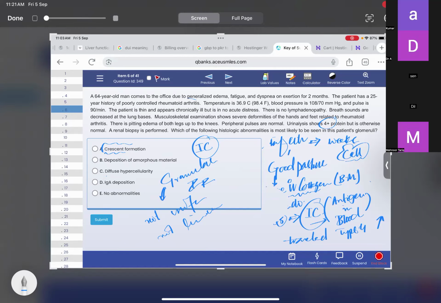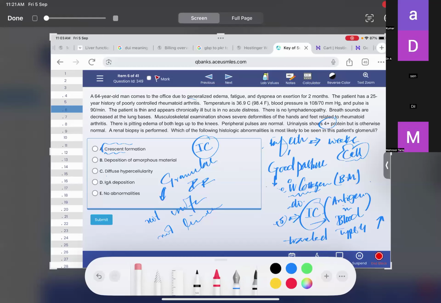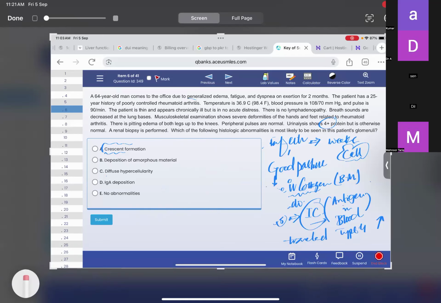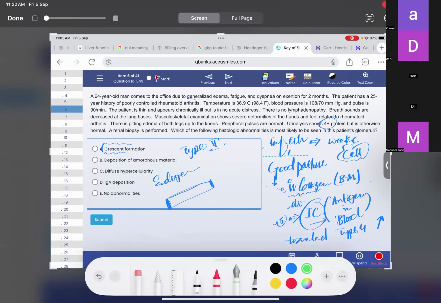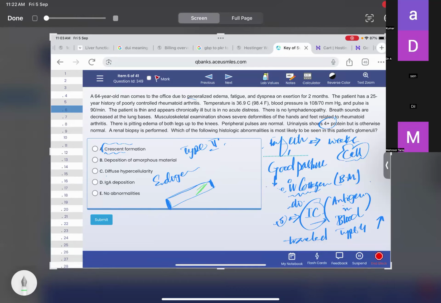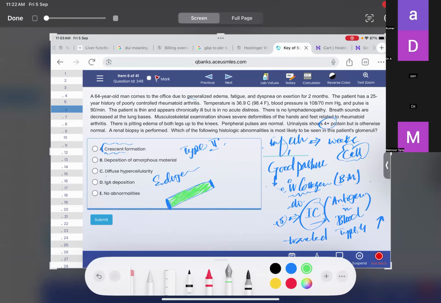But what happened in Goodpasture? What type of hypersensitivity was it? Type 2. I have told you in type 2 we have an endogenous antigen, and if this is the basement membrane, we have type 4 collagen present uniformly.